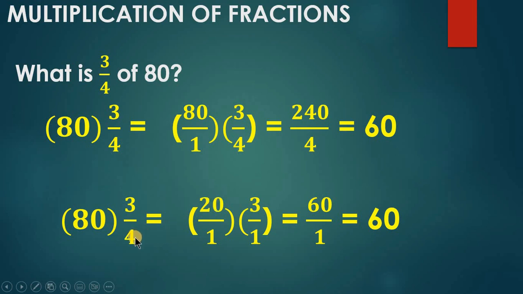And then 4 divided by 4 is 1. So we have here 20 all over 1, then 3 all over 1. So 20 times 3 is 60, then 1 times 1 is 1, then 60 divided by 1, so we have 60. Okay, so that is on how to multiply a whole number and a fraction. Okay, yan.